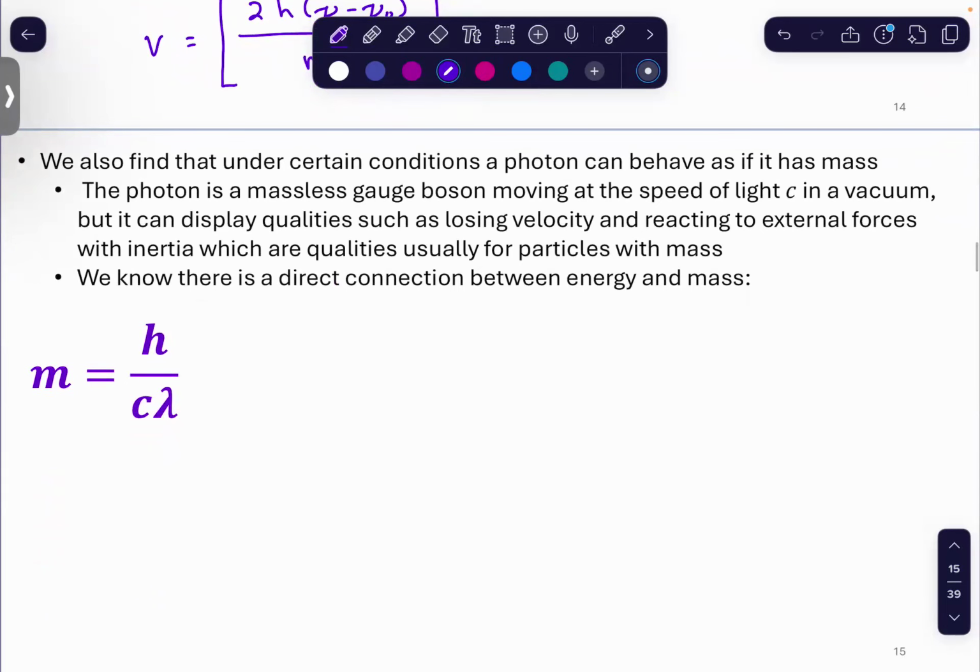We also find that under certain situations, photons can behave as if they have mass. So another aspect of being a particle. So it's actually a massless gauge boson moving at the speed of light in a vacuum, but it can interact with inertia. It can increase or lose velocity. Well, let's be very careful there.